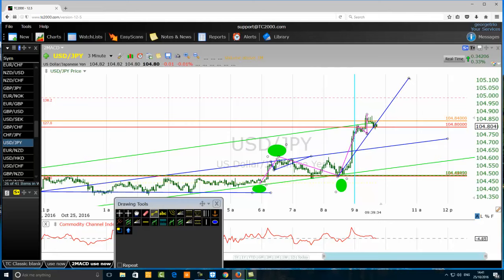With that, we can find a good place to sell. This is the trend line connecting the low of the second wave and the low of the fourth wave.